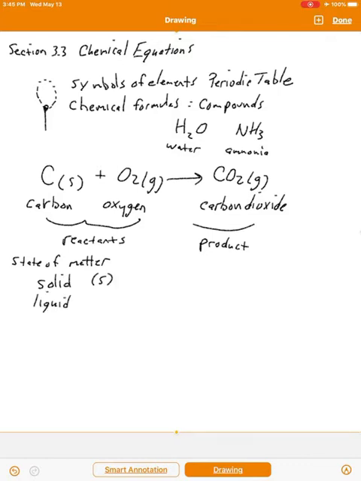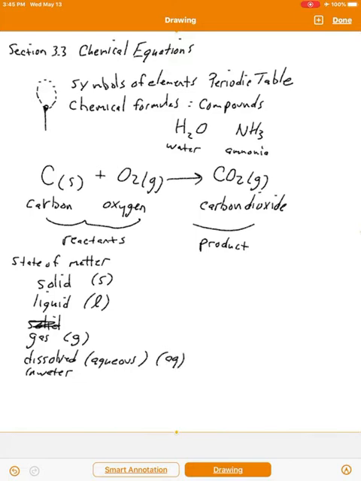If it's a liquid substance, we put an L. If it's a gas, it's a G. And if it's dissolved in water, we call it aqueous. And the abbreviation for aqueous is AQ. So this is telling us that we have solid carbon plus gaseous oxygen forming gaseous carbon dioxide.